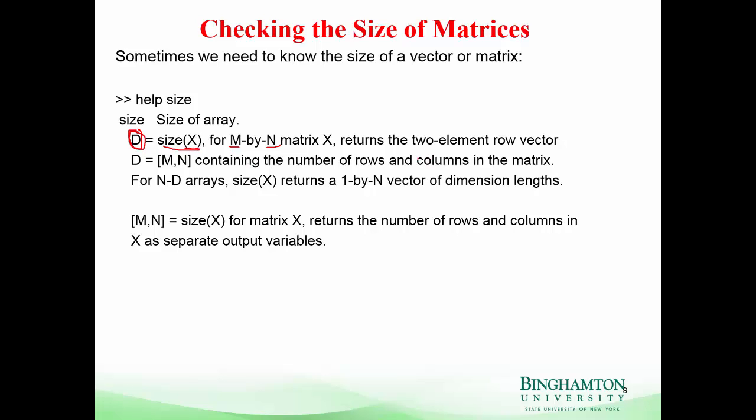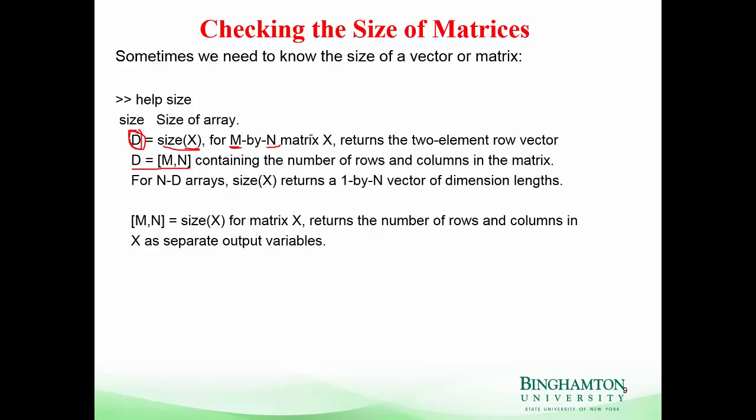If X happens to be a row vector, for example, then the value of m would be 1. So here they're showing that d ends up being a vector that has first element m and second element n. We've only so far been talking about vectors and matrices.